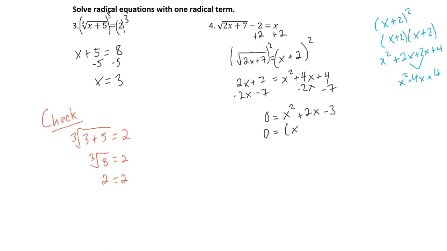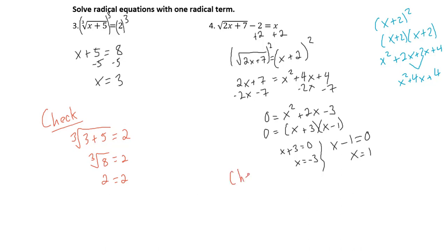And we get x plus 3, x minus 1. Set each of those factors equal to 0. And we get x equals negative 3 and x equals 1. So these are solutions that we definitely need to check.